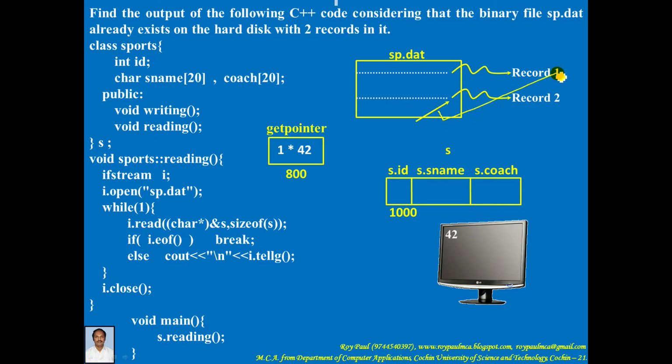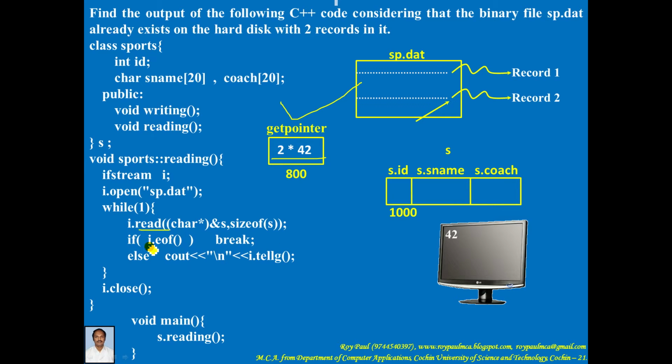Get pointer contains the position of the file pointer from the beginning. What is this position? It is 42 plus 42, or 2 into 42. So your get pointer contains 2 into 42.